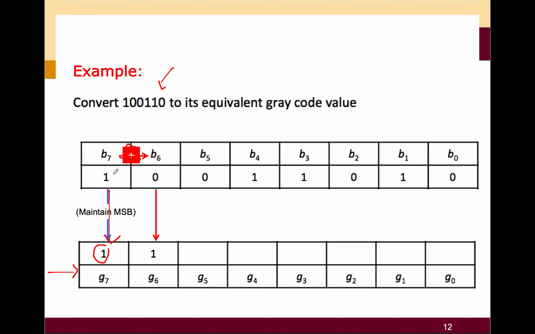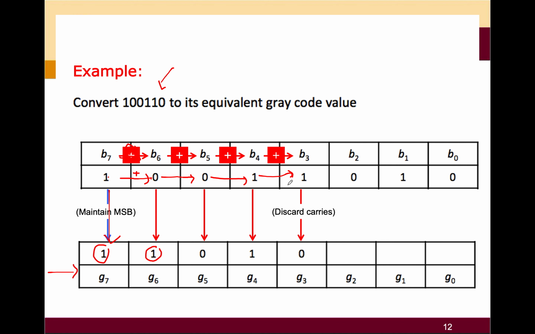So over here, 1 plus 0, you will get 1 as the answer. Then 0 plus 0, you will get 0. And then 0 plus 1, you get 1. 1 plus 1, this is the situation where you bring the answer as 0 because you discard the carry.